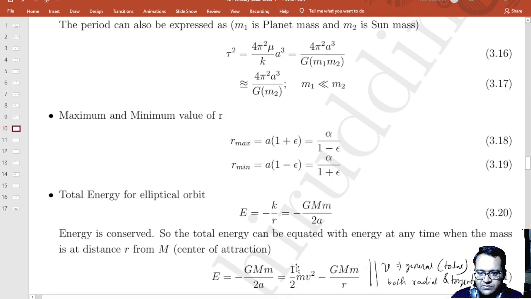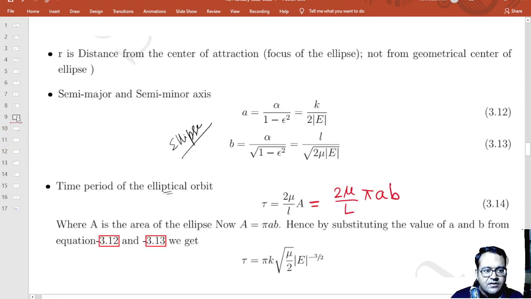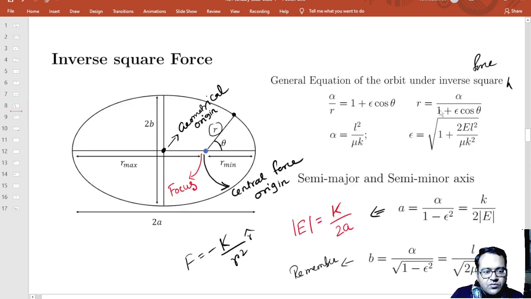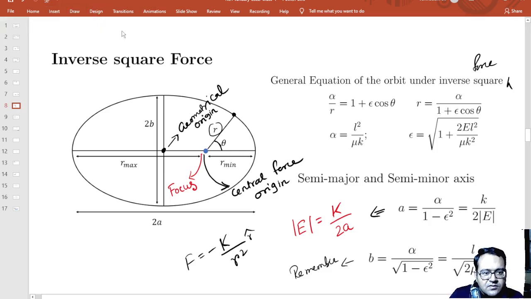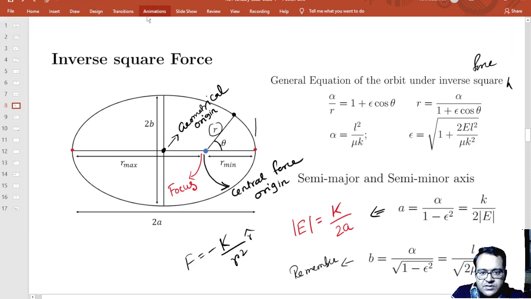When r dot is 0, this will be at some special positions. Which special positions did I show you? Okay, I should go back there. These are the two positions where the velocity is tangential to the line joining them.